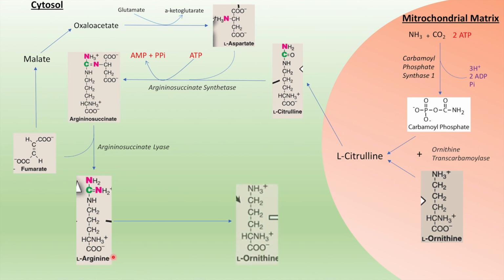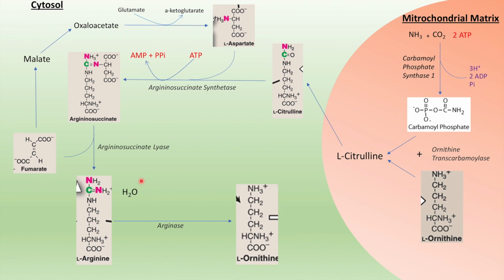Now, finally, arginine turns into ornithine. Now, what is the enzyme that is used in this process? Arginase. Ase means breaking down. So arginine turns into ornithine through the enzyme arginase.